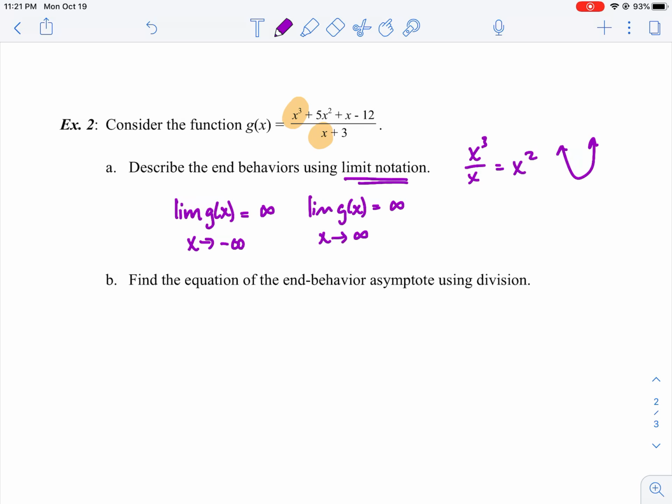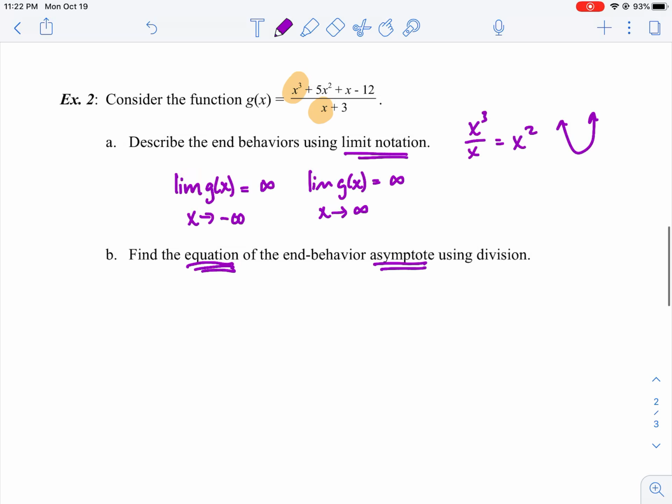But if we actually want to know the equation of the asymptote, now we need to actually go through the division. That's the difference. One is just asking for the general end behavior. The other wants the actual equation of that asymptote. So again, negative 3 would go on the shelf, since it's the opposite of the x plus 3, it's the root or the 0 of that.